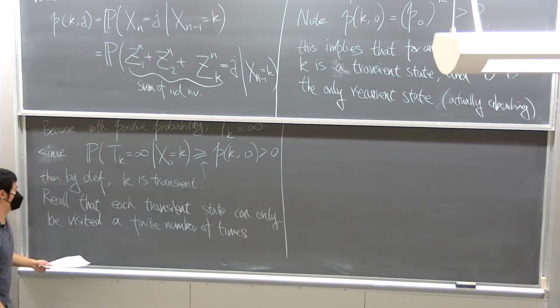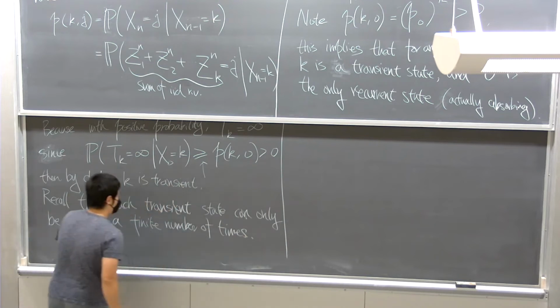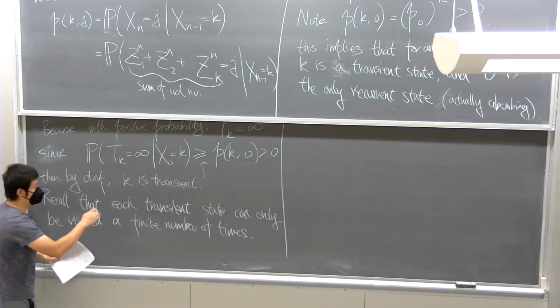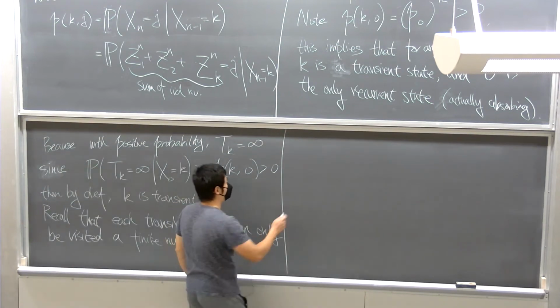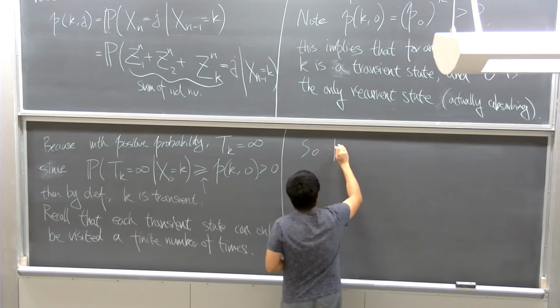This is just the definition of transient, right? What this means is that for any k, I'll just continue here.